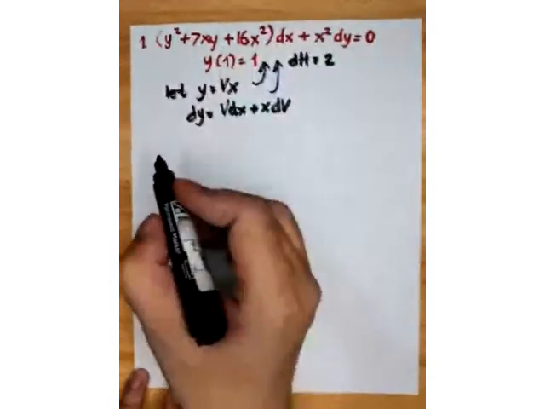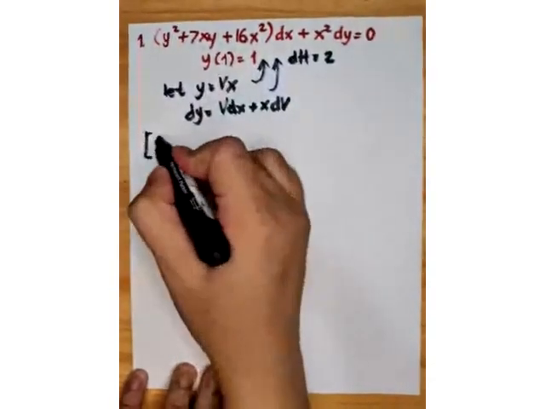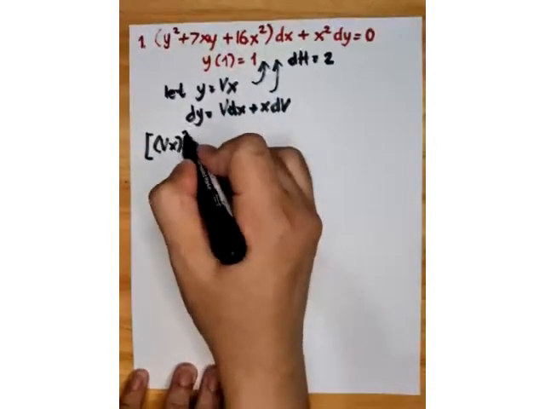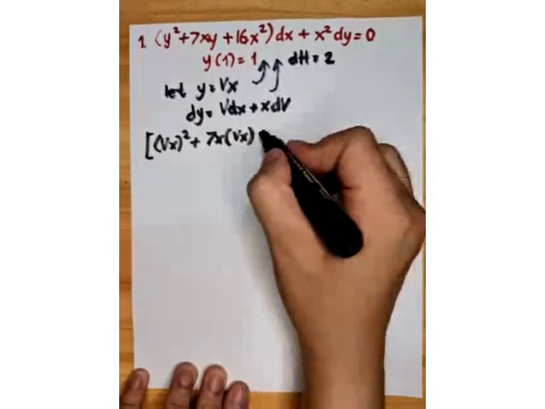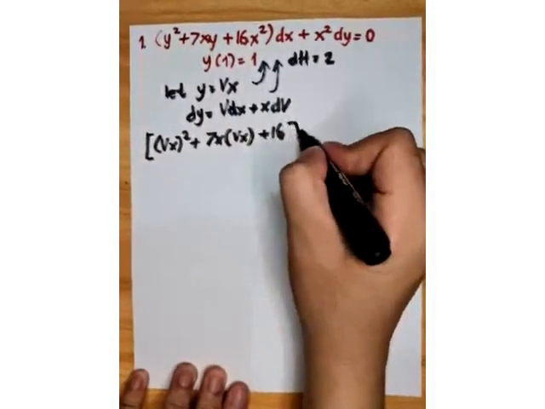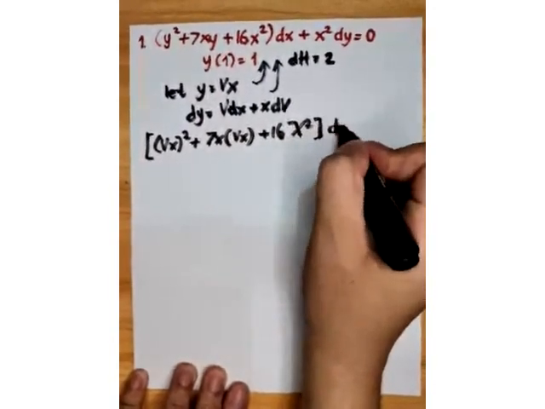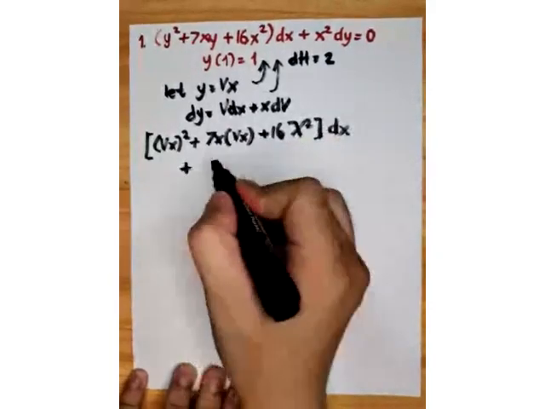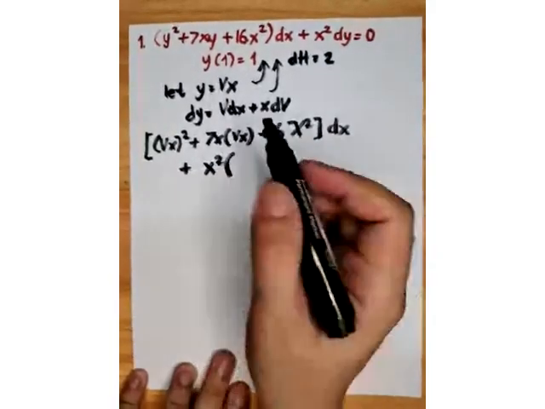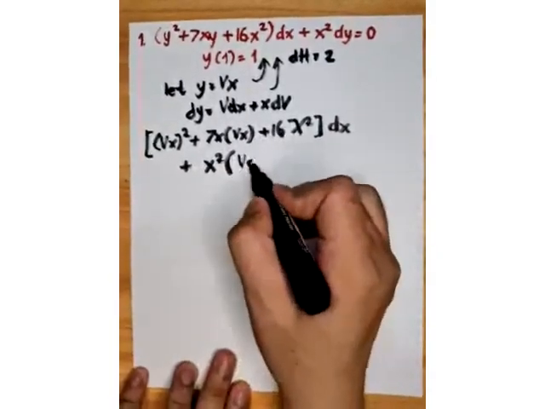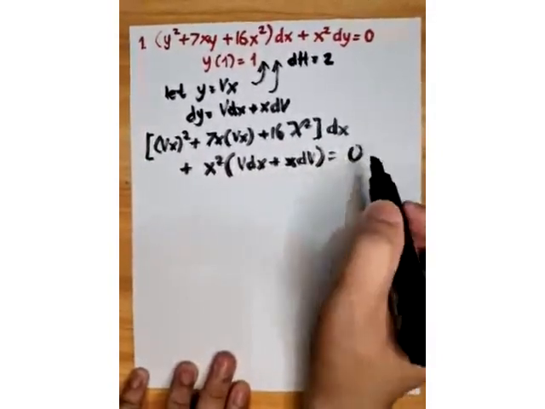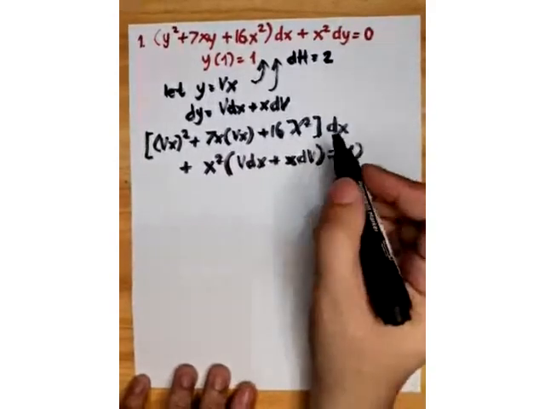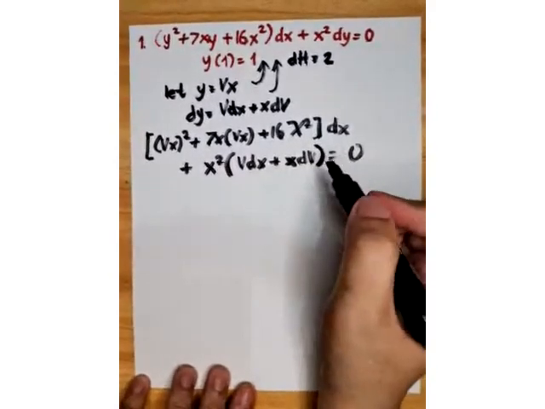Once we have the relation between v and y and the derivative, we substitute both into our given differential equation. That will be (vx) squared plus 7x times vx plus 16x squared, dx, plus x squared times (v dx plus x dv), equal to 0. Do not simplify it first.